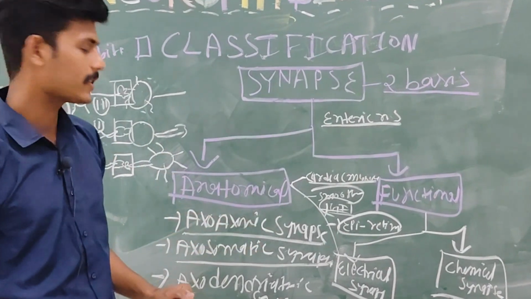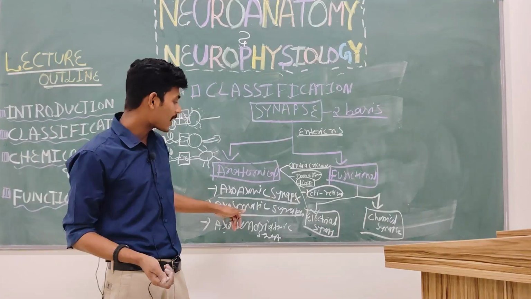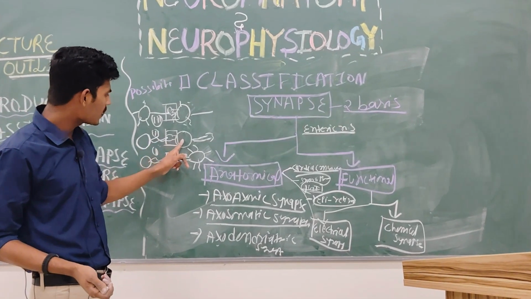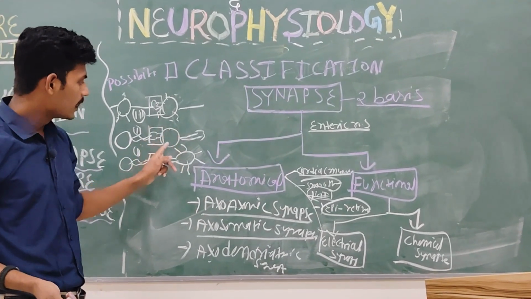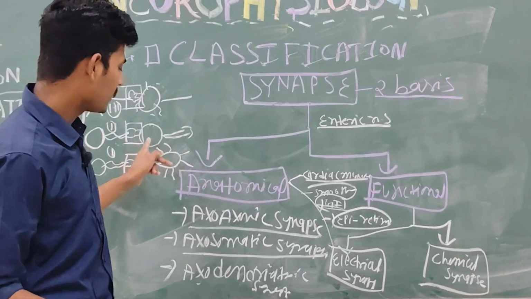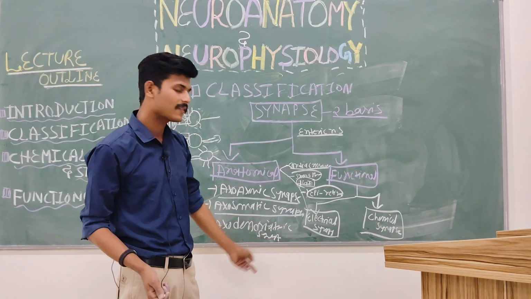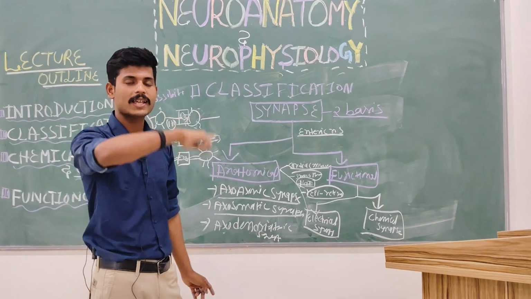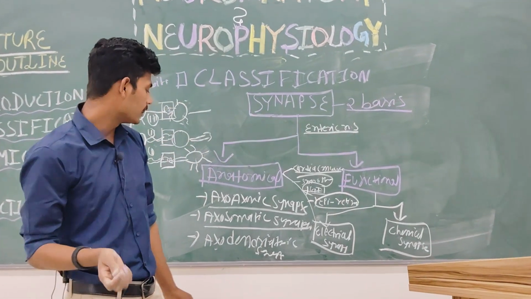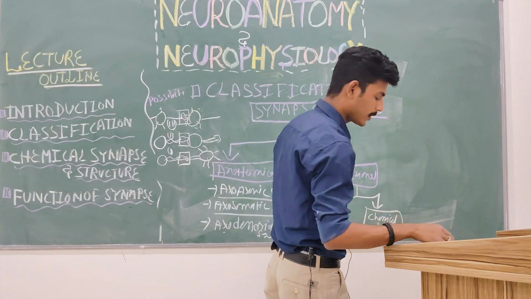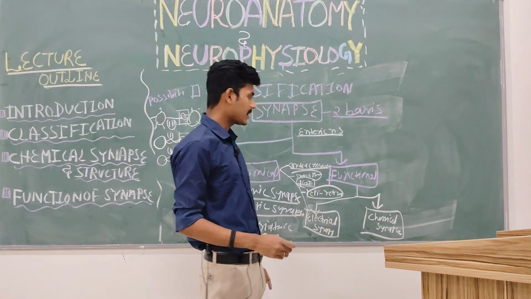Then there is axosomatic synapse: one neuron's synapse is directly on the cell body or soma of the successive neuron. Then we have axodendritic, where the first neuron's axon relays on the dendrites of another neuron. Then we saw that there is a functional classification as well.